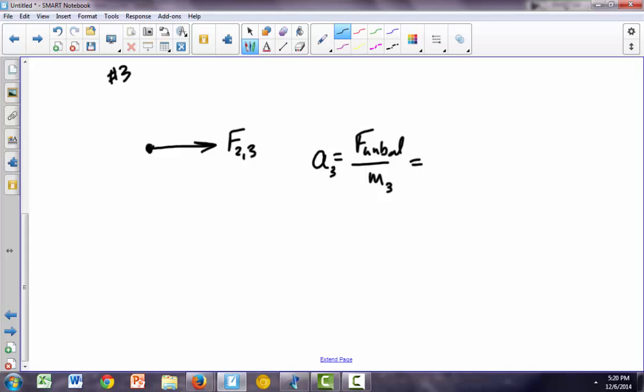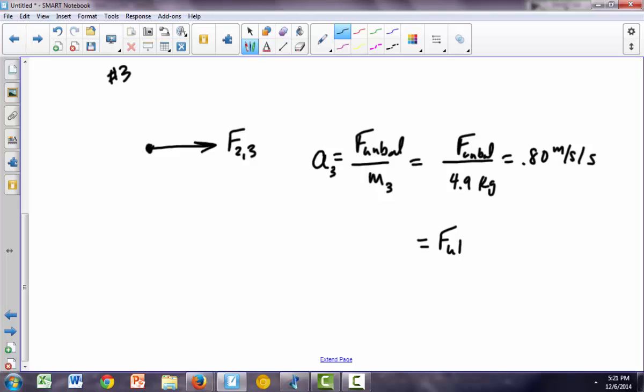So this is going to be 4.9 kilograms in the denominator, 0.8 meters per second per second. It's moving at exactly the same rate as all the other boxes are. So 0.8 times 4.9 is 39.2.